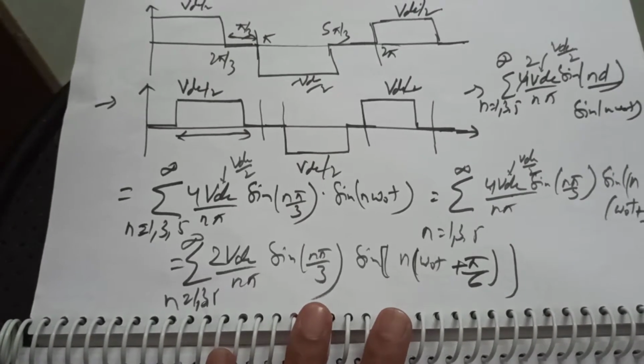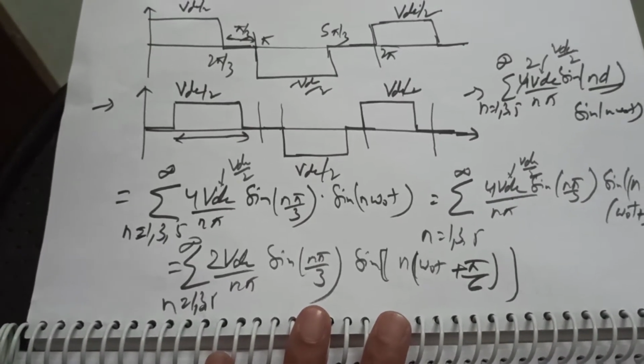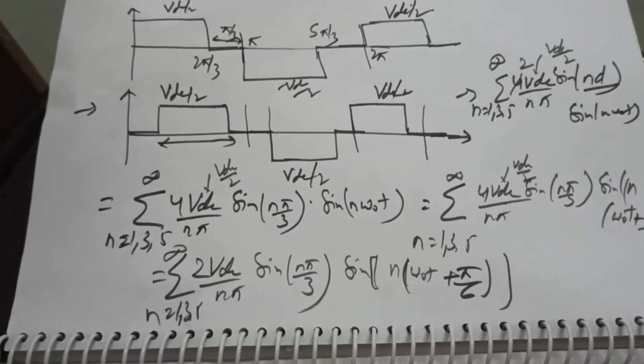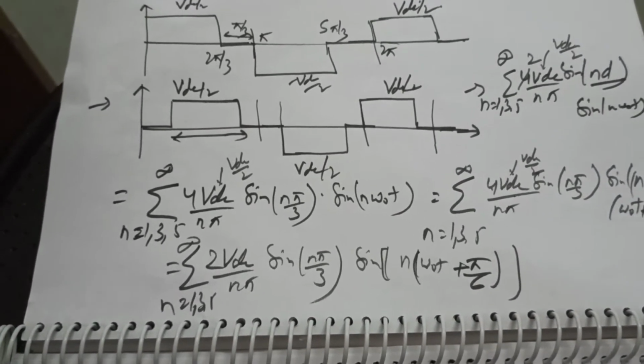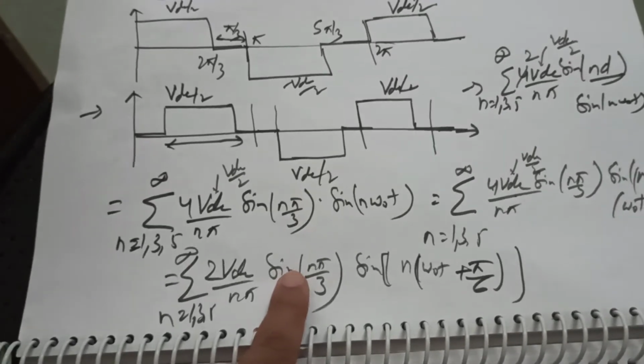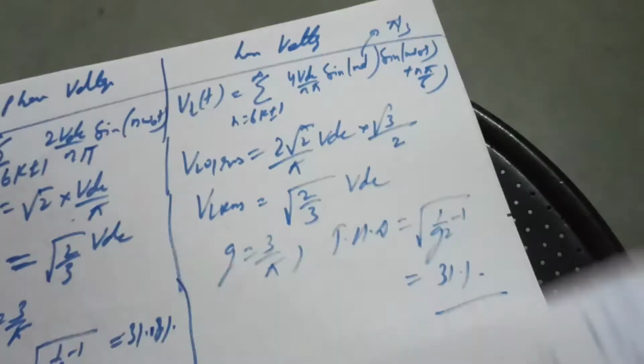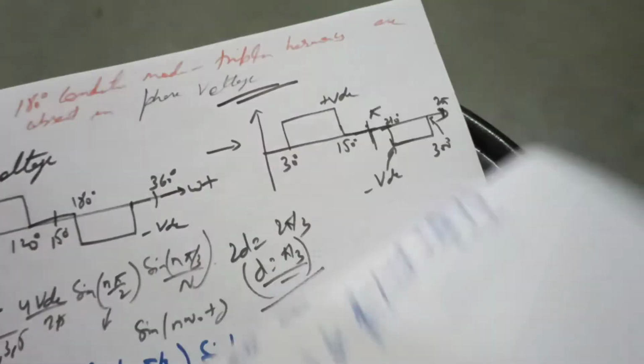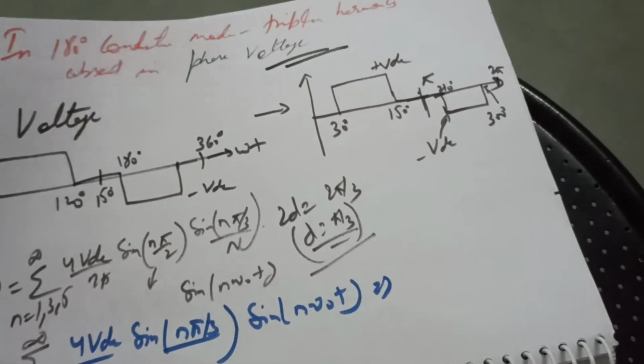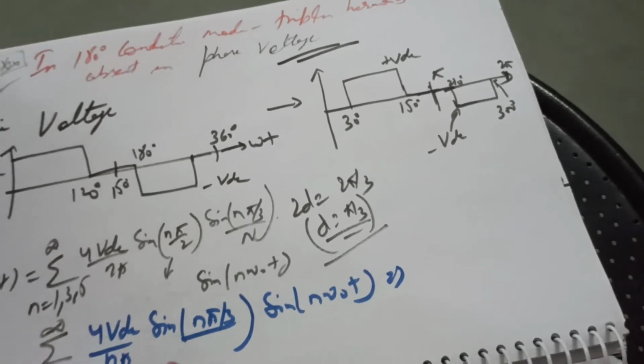Now one more very important thing that I would like to again revise for all of the students. Here it is sin n pi by 3, and sin n pi by 3 will also be present in this expression. Now look at this here.